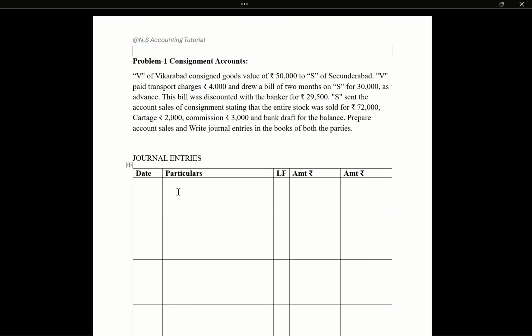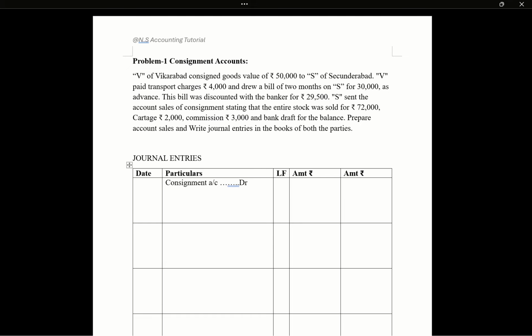The first entry will be when goods sent on consignment. The entry is consignment account debit to goods sent on consignment account.